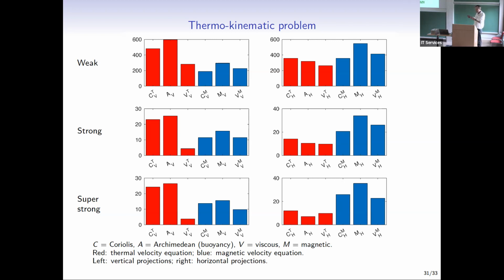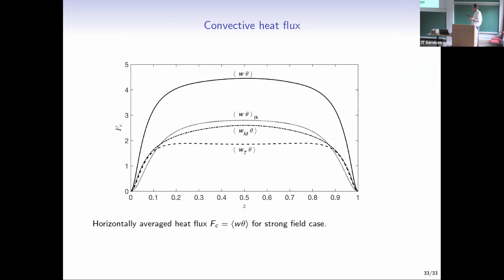You're not allowing it to go to large scales, so you're not allowing it to breathe freely. A consequence of that can be seen in the convective heat flux in these dynamos. This one, TK, thermokinematic, is the heat flux of convection.